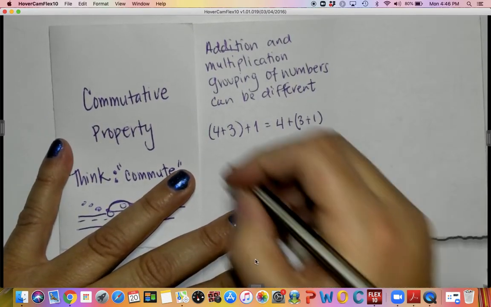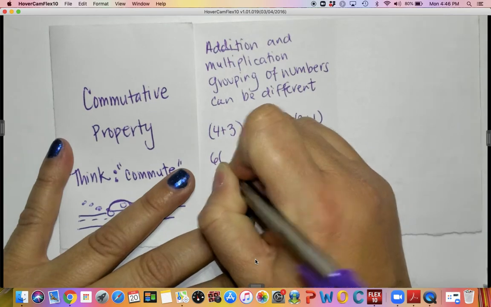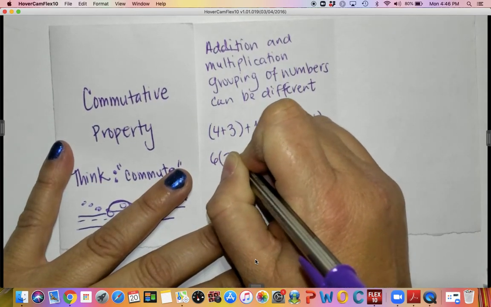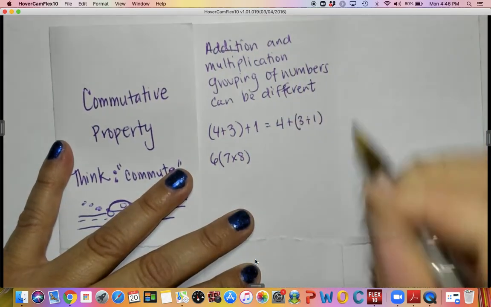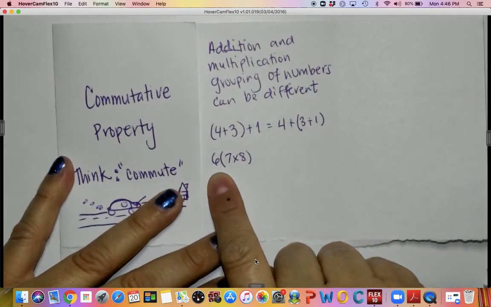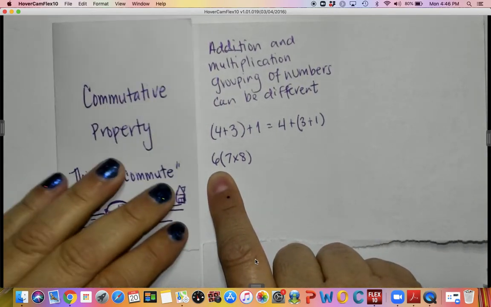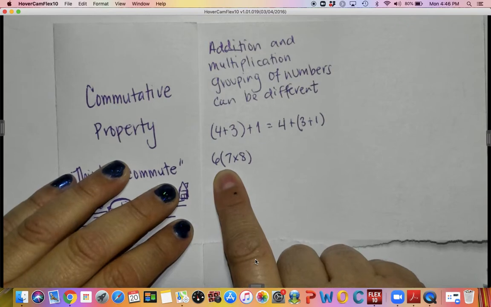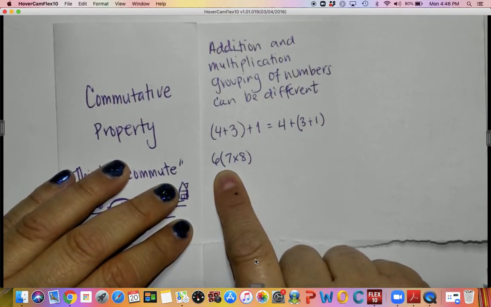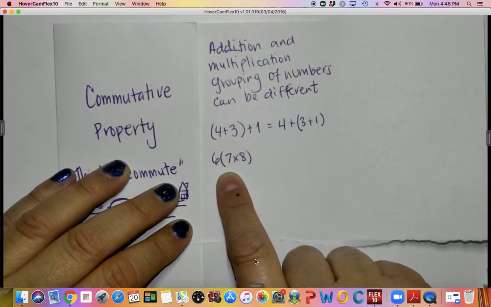If you look at multiplication, (6 times 7) times 8, and remember, I taught you in our notes from yesterday, if a number is next to a parenthesis, it means multiply. If a variable is next to a parenthesis, it means multiply.